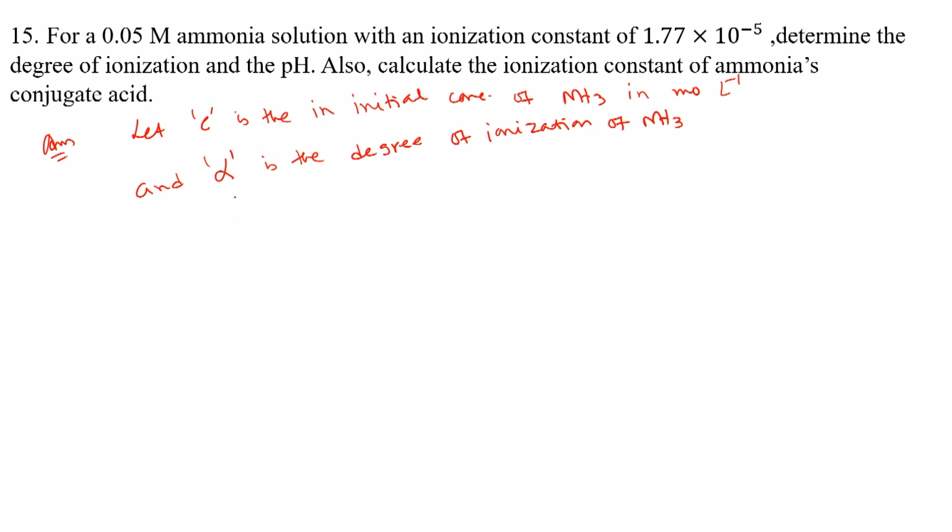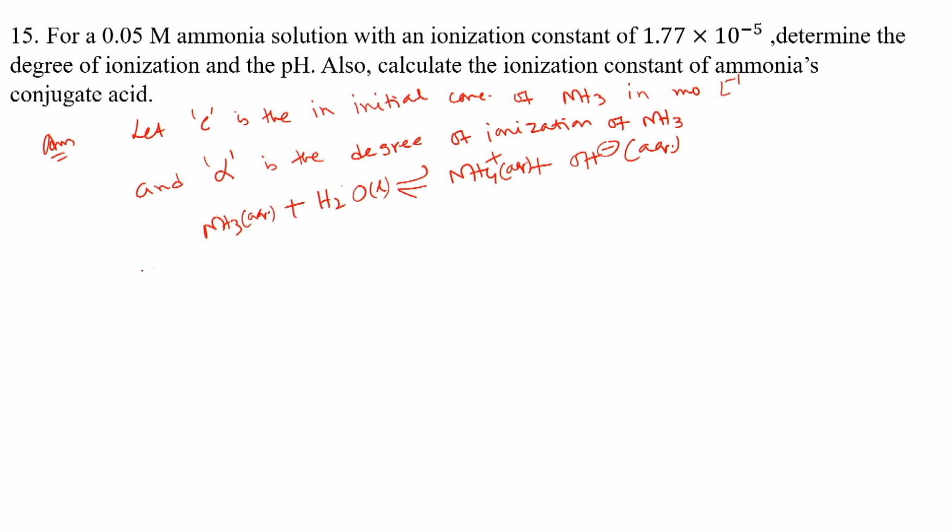So the equation is NH3 plus H2O gives NH4 plus plus OH minus. NH3 is in aqueous medium, so NH3 aqueous here, H2O liquid, this is aqueous, this is also aqueous.